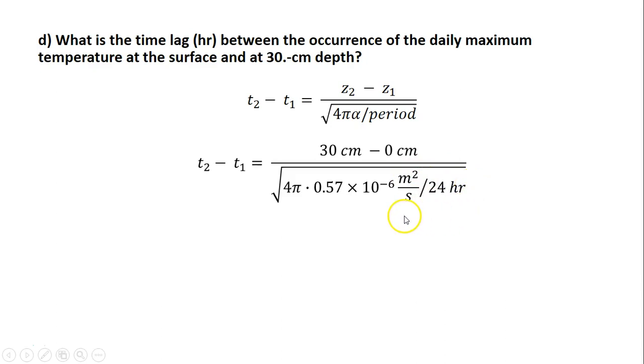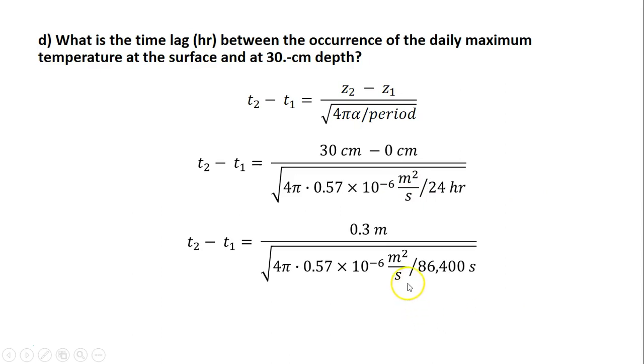But just like in parts A and B, we need to convert this period so that it matches the units of our soil thermal diffusivity. When we do that, we have a new period value of 86,400 seconds. And notice here that in order to allow the numerator and denominator to also have the same units, I've converted from centimeters to meters.